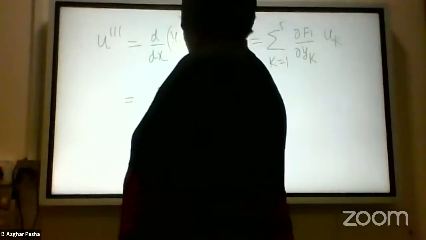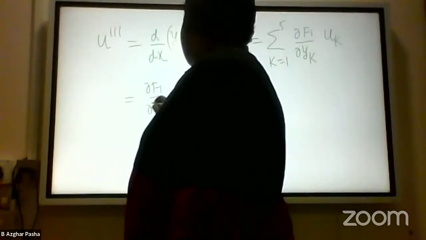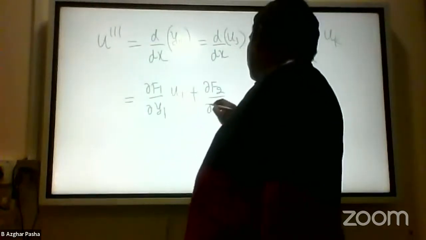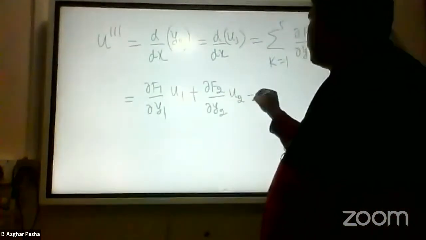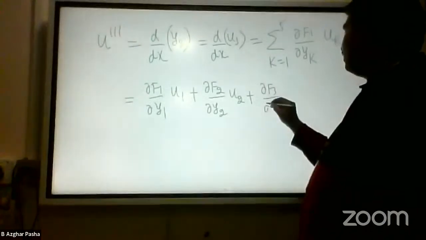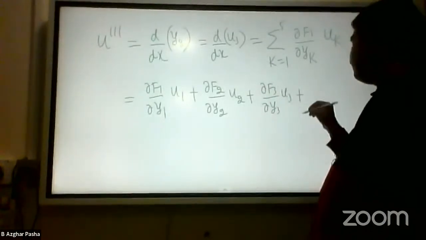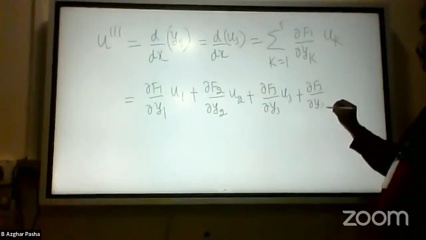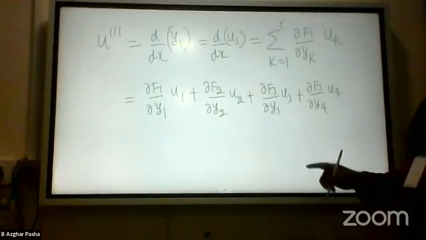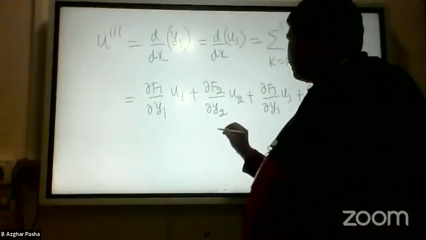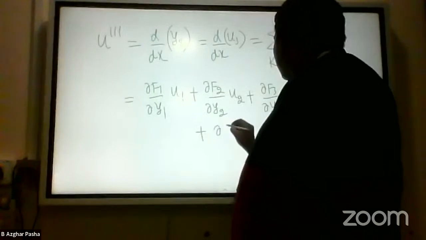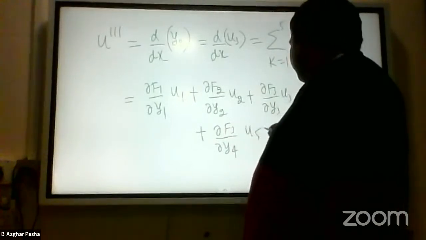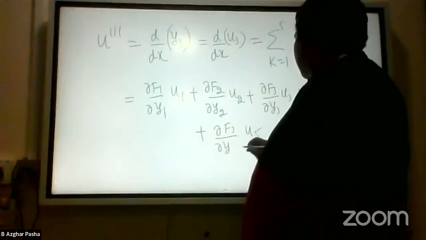This means dou f1 by dou y1 into u1 plus dou f1 by dou y2 into u2, dou f1 by dou y3 into u3, and so on, dou f1 by dou y4 into u4. We can convert u in terms of y later. Plus dou f1 by dou y5 into u5.